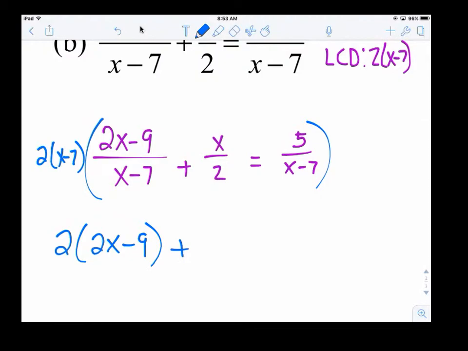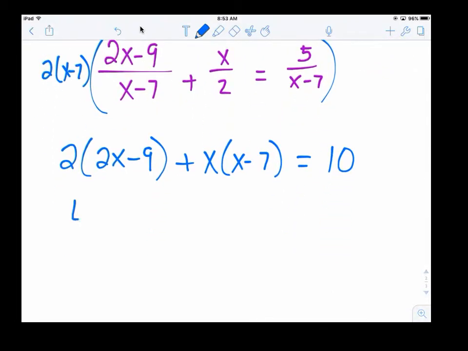So when you do 2 times x minus 7 times x over 2. Good? And then the last one, you get 10. All right, x minus 7s will cancel. 2 times 5 gives you 10.